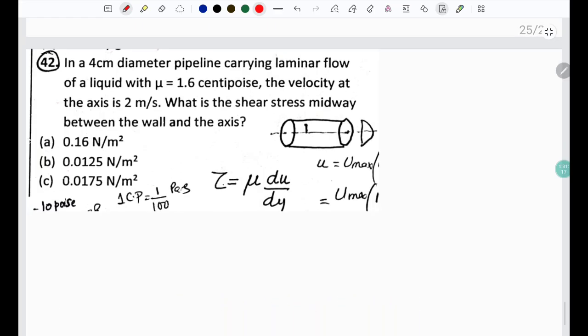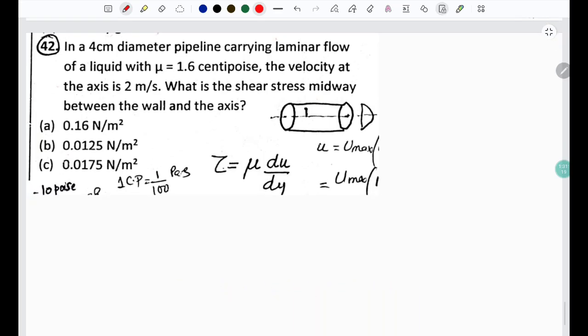Let's move on to the next question. Here is another question in which somehow I was getting 16, but I did not go with option A. Let's go.